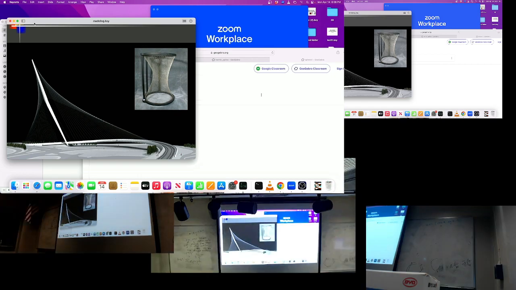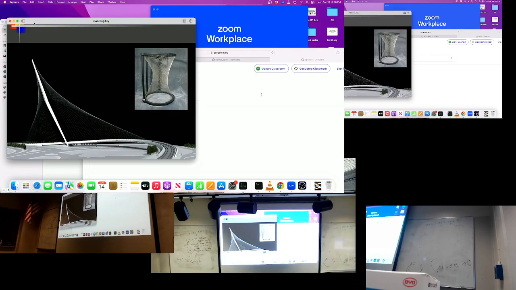So when I'm changing u, there is a point that moves on the upper ring over here.